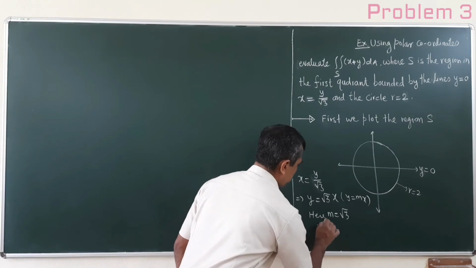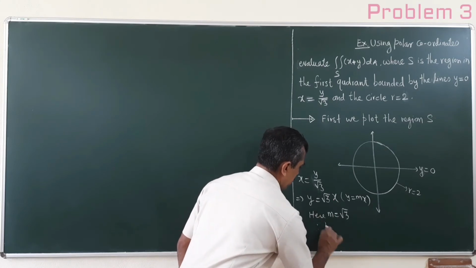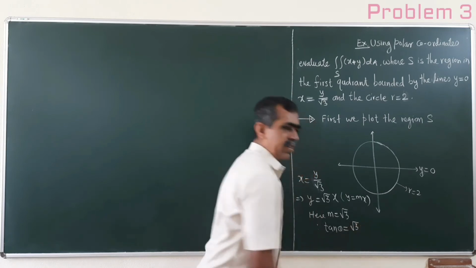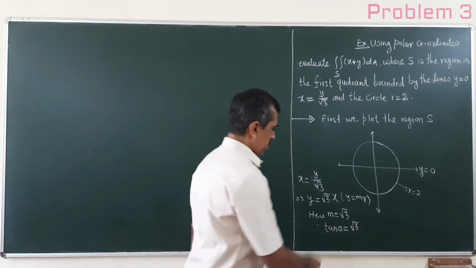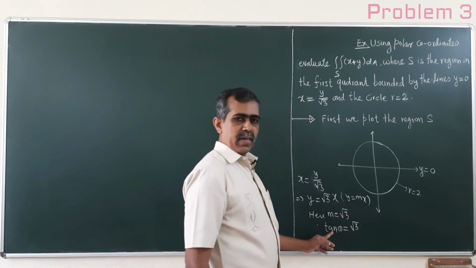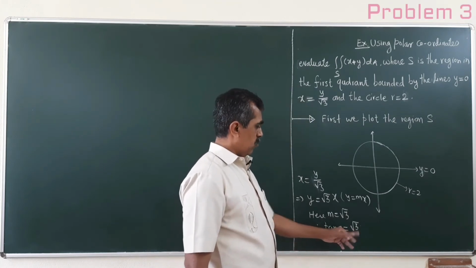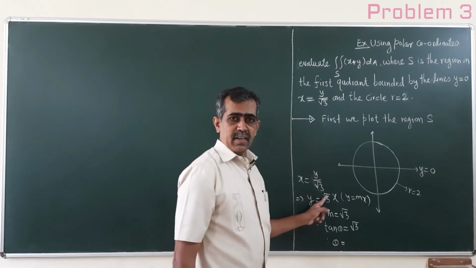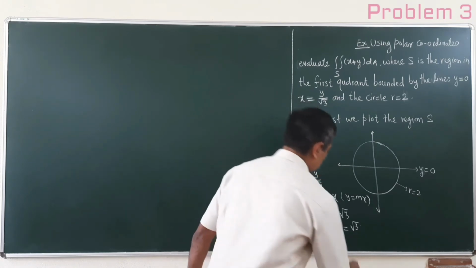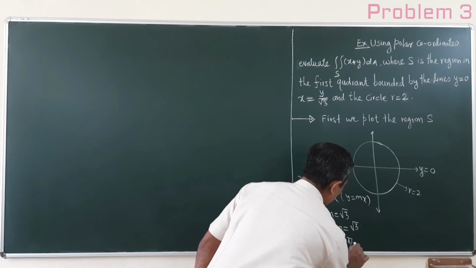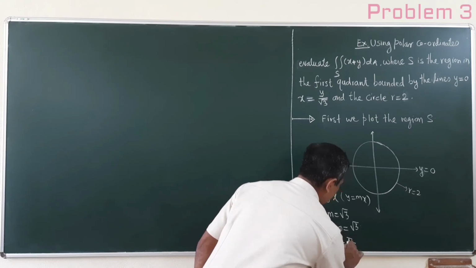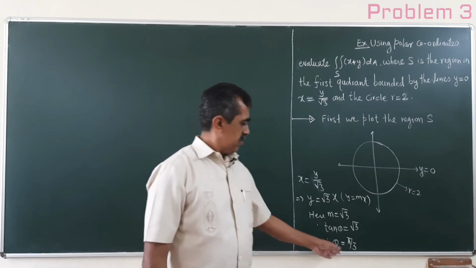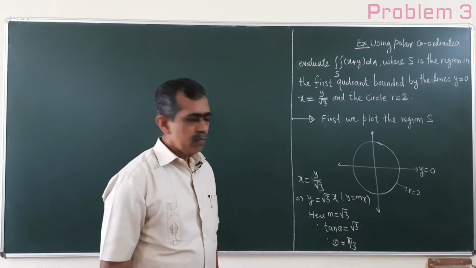So what is tan theta? Tan theta is root 3, and the slope is given by tan theta. Therefore, what is the angle made by this line? It is pi by 3, because tan pi by 3 is root 3.